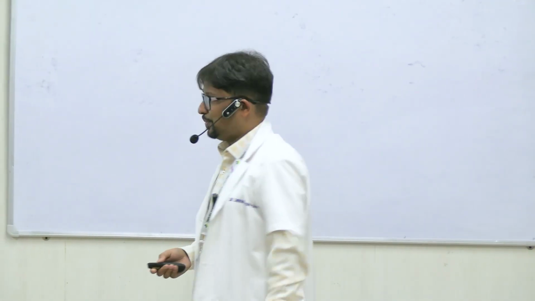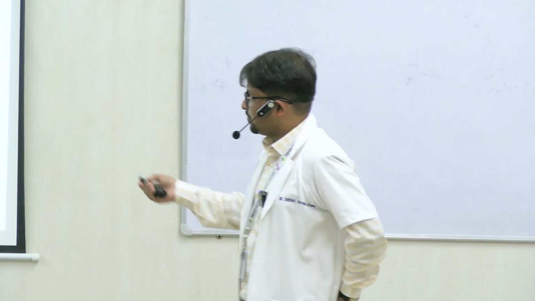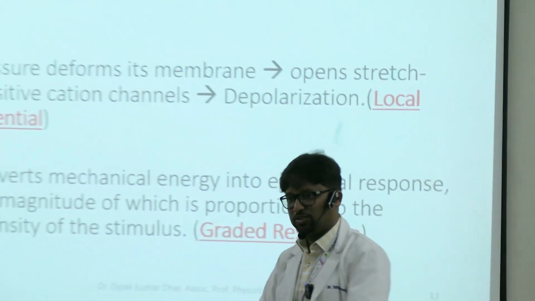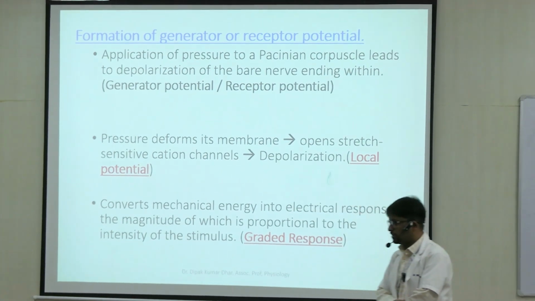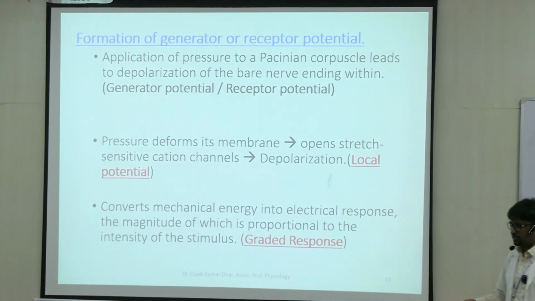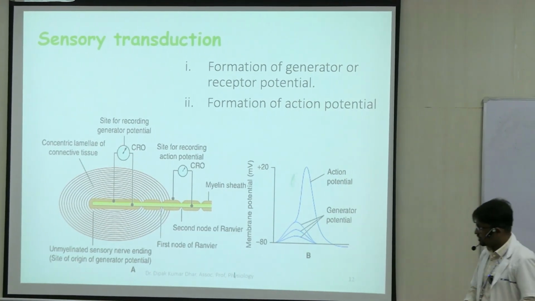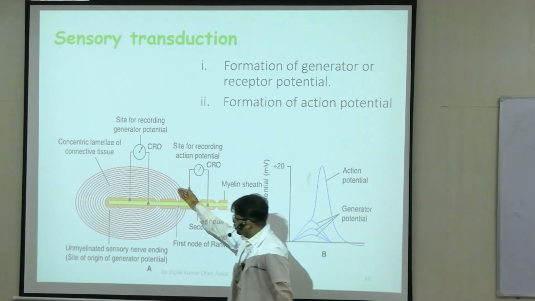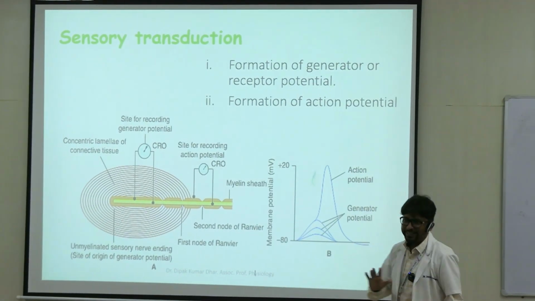So whenever you give pressure, what happens? Let us think about it. Pressure or any form of, say, tactile sensation, touch also, right? A slight touch also can do the same thing. It will deform some layers of the Pacinian corpuscle, and eventually this force or pressure will be transmitted to the neuron, or the nerve ending which is there.